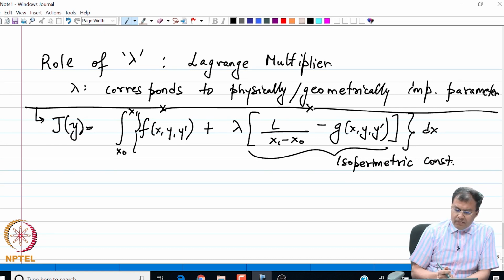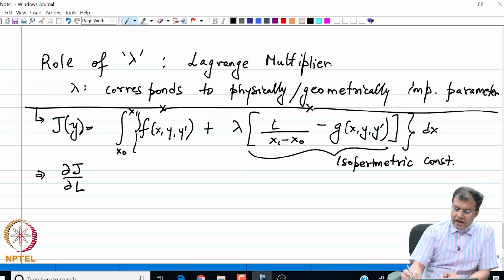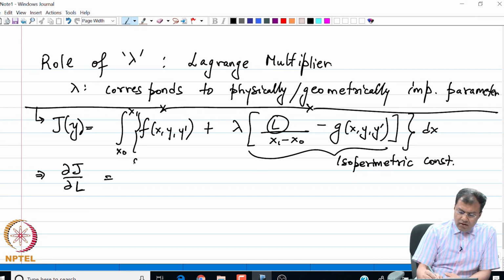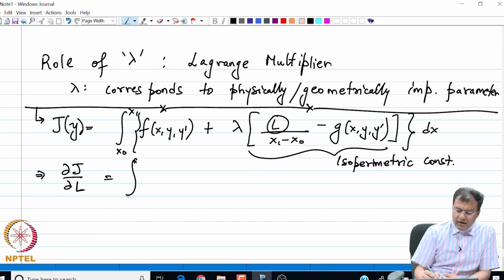Then let us look at the derivative of J with respect to L, L being this parameter in the system. Since the integrand is continuously differentiable up to second order, we can very well take the derivative inside the integral.